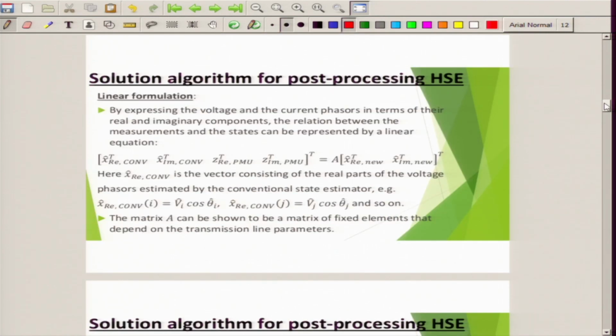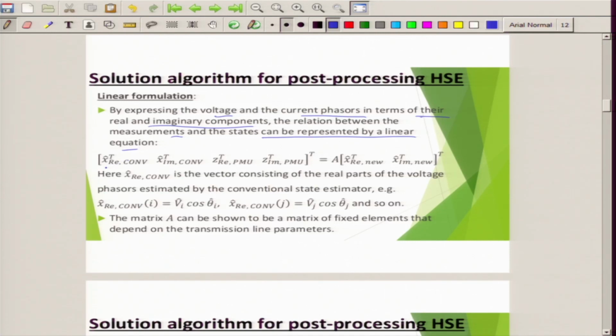So let us discuss the linear formulation. By expressing the voltage and the current phasors in terms of their real and imaginary components, the relation between the measurements and the states can be represented by a linear equation. Now we have separated it out in terms of real and imaginary parts.